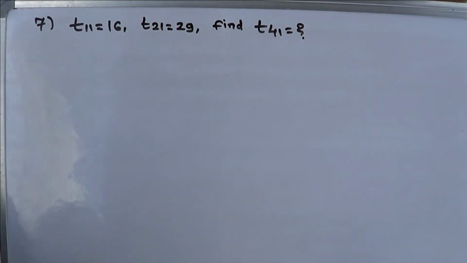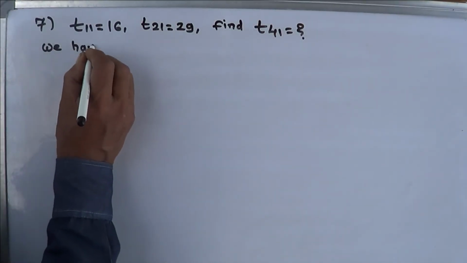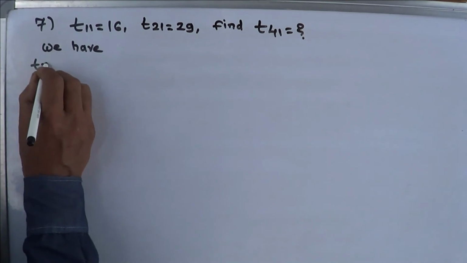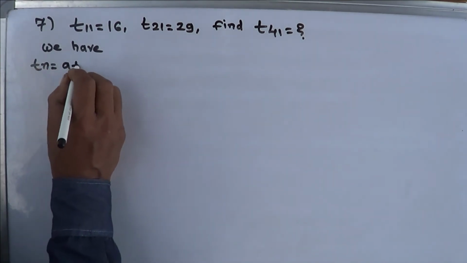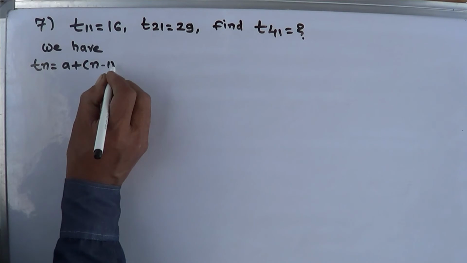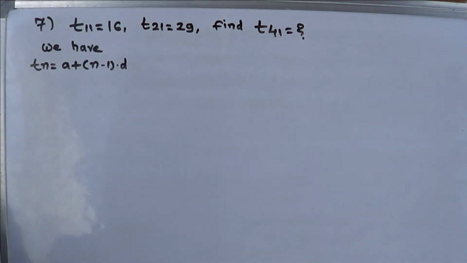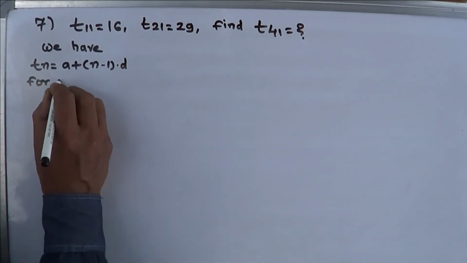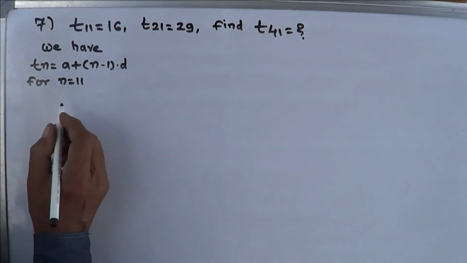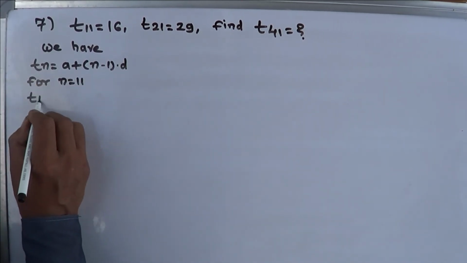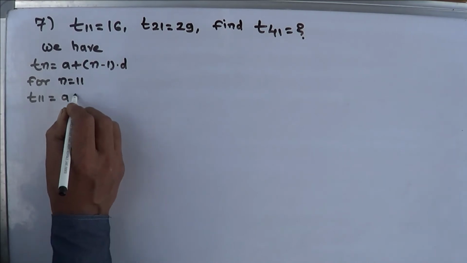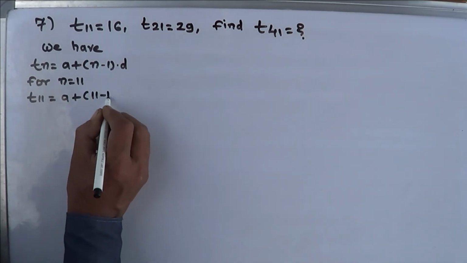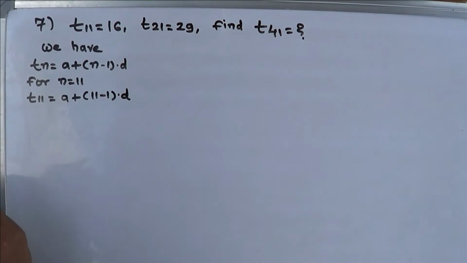So we will write the formula first. So we have Tn equal to a plus (n minus 1) into d. So here we have to find T11. So for n equal to 11, we will get T11 equal to a plus 11 minus 1 into d.